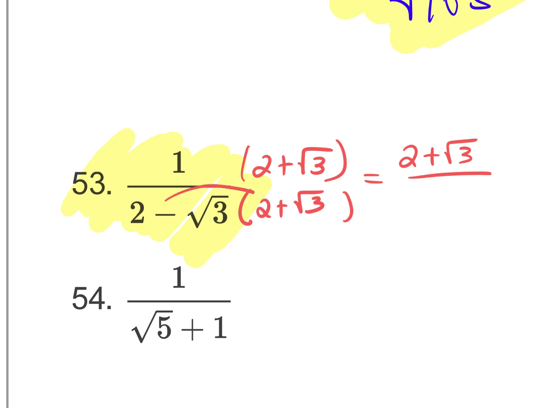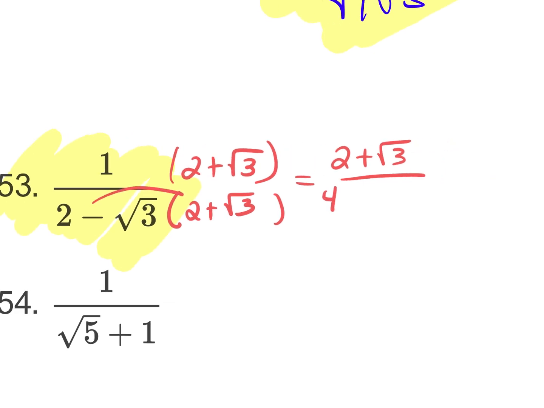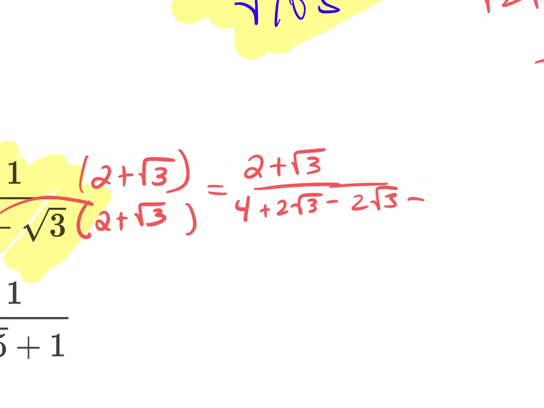FOIL. 2 times 2 is 4. 2 times positive root 3 is 2 root 3. 2 times negative root 3 is negative 2 root 3. And then the square root of 3 times the square root of 3 gives me the square root of 9, right? So I could just put minus 3. You guys agree? Yeah. What happens on the bottom? Those cancel, and then what's 4 minus 3? So I'm left with just this.